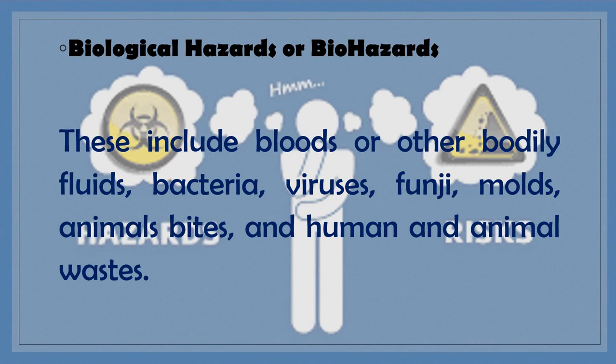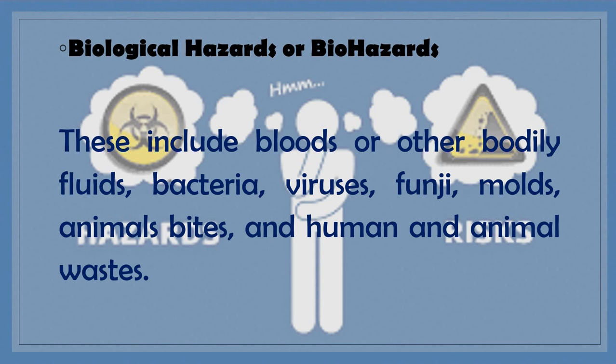Okay, next is the biological hazards or biohazards. Okay, biological hazards or biohazards include blood and other bodily fluids, bacteria, viruses, fungi, molds, animal bites, and human and animal wastes. Okay, in hotel industries, specifically in kitchen and dining area, the food served may easily be contaminated if not properly handled during preparation time.